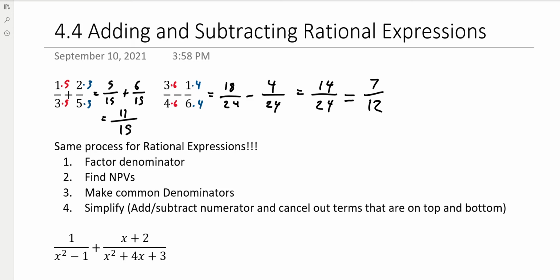Now, if we look back more carefully, we could have noticed that there may have been simpler options to multiply to make these common denominators. So let's try doing that. What if, instead of multiplying by 6 and 4, we multiply by 3 and by 2? Well, what we'd get is 9 over 12 minus 2 over 12.